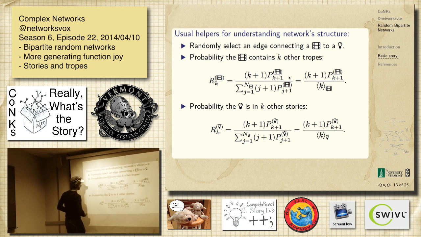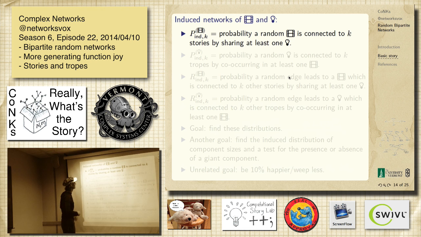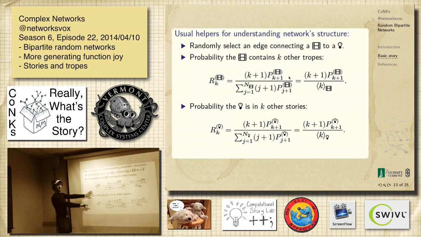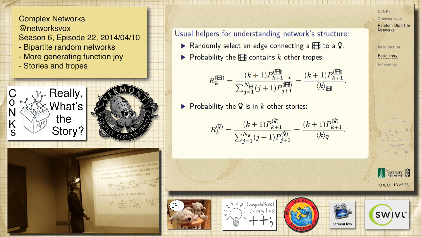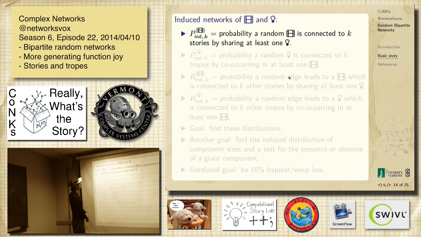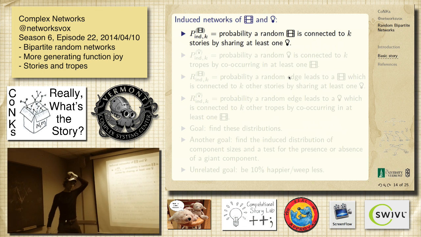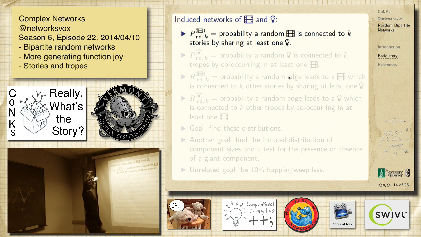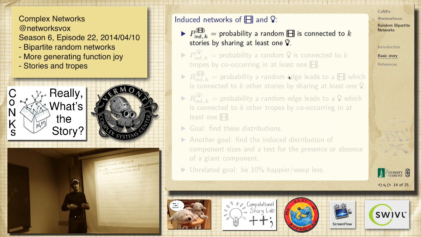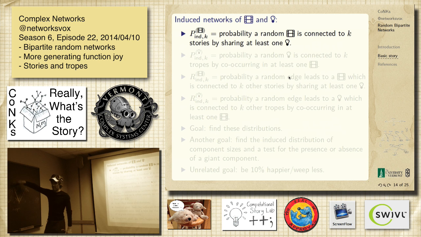All right. Okay. So we're going to need that guy, because we're going to surf around on this bipartite affiliation graph. Now this is what we want to get to: the induced degree distribution, and everything associated with it. In principle, the induced cluster size distribution. Nasty thing.